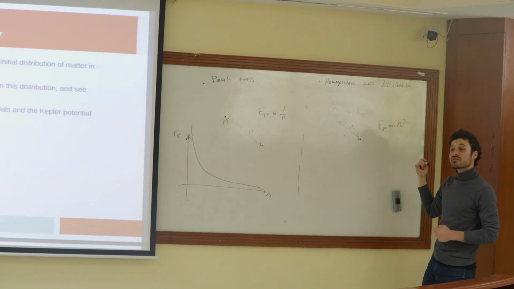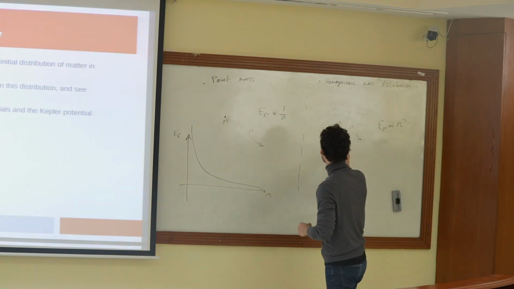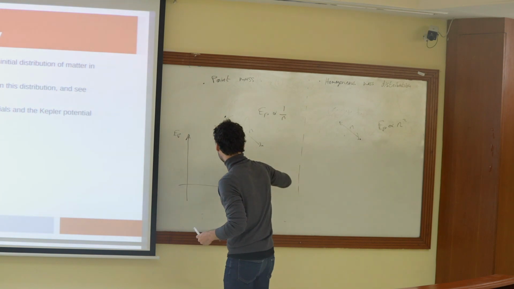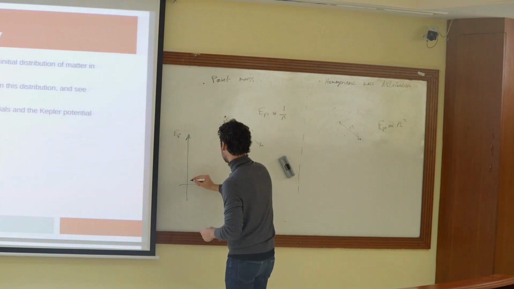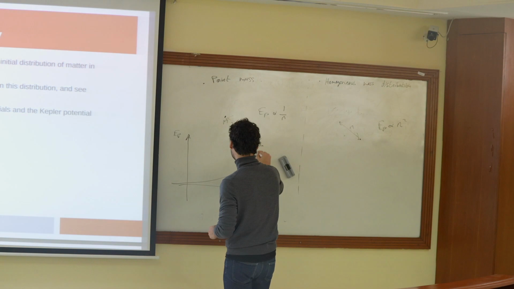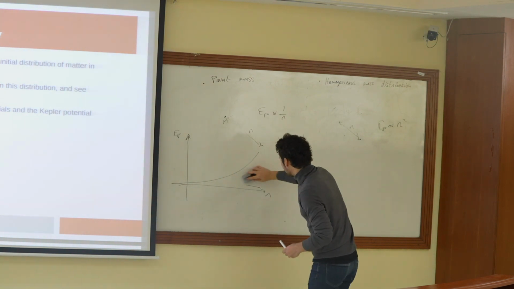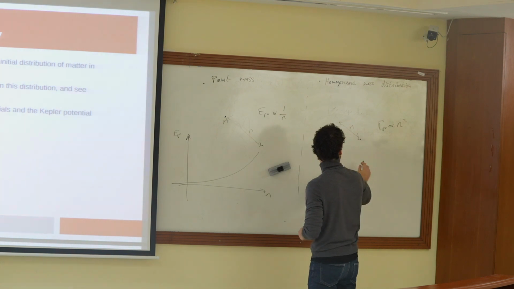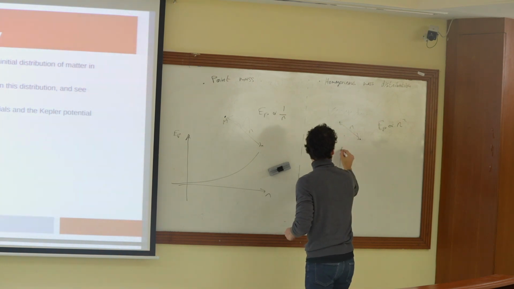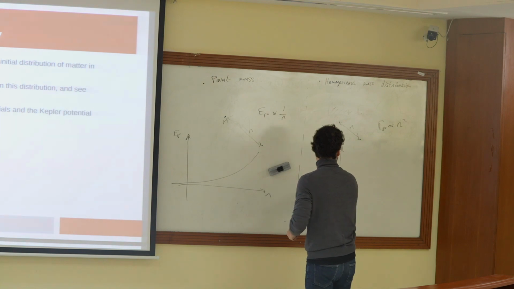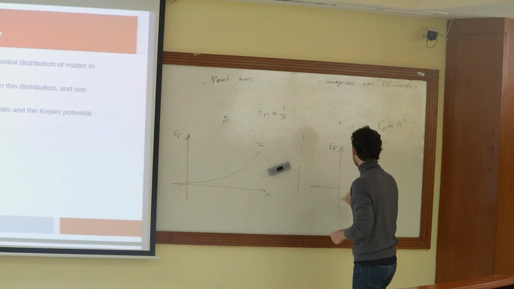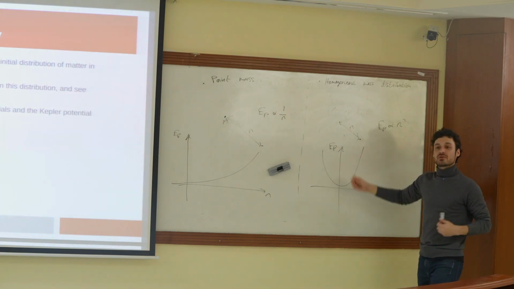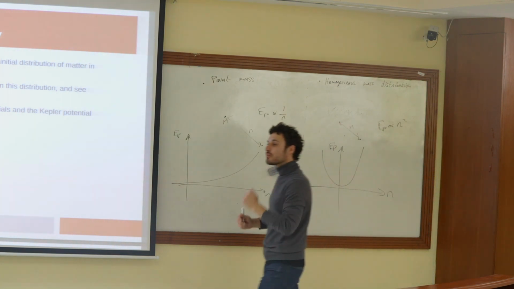This should put you in mind of something. This is just a simple harmonic potential. Here we have potential energy, and here we have r, and that'll go something like that. This is just something you recognize: that's the potential energy for simple harmonic motion.